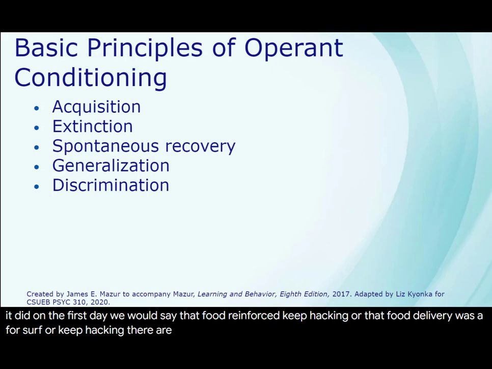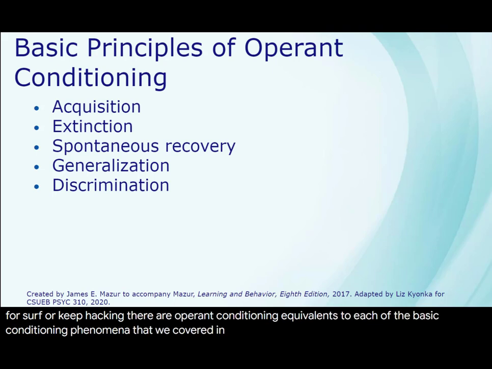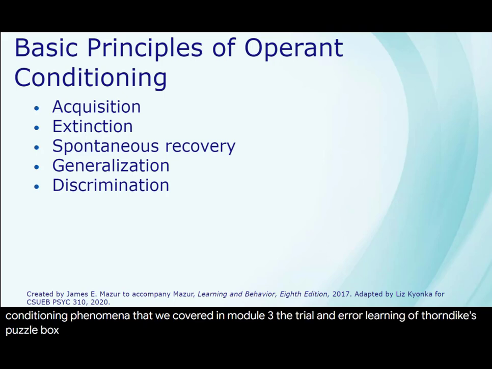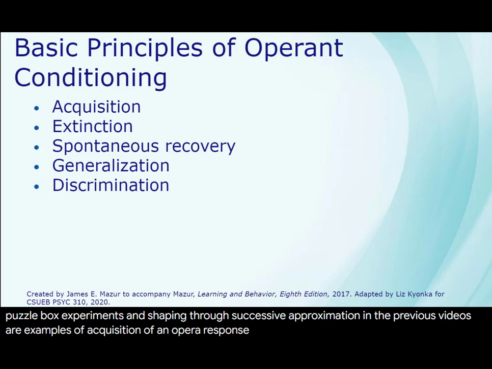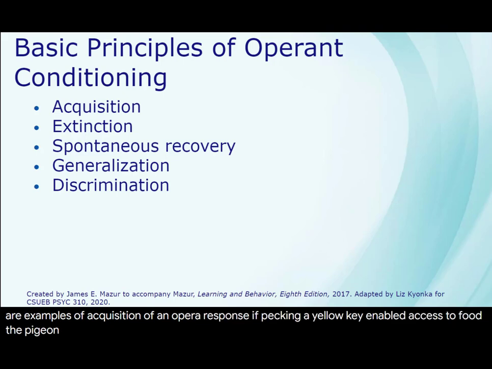There are operant conditioning equivalents to each of the basic conditioning phenomena that we covered in Module 3. The trial and error learning of Thorndike's puzzle box experiments and shaping through successive approximation in the previous videos are examples of acquisition of an operant response. If pecking a yellow key enabled access to food, the pigeon gains experience with the contingency and the rate of key pecking increases.